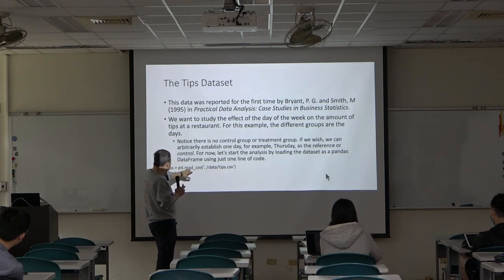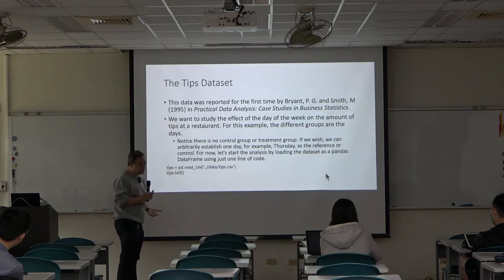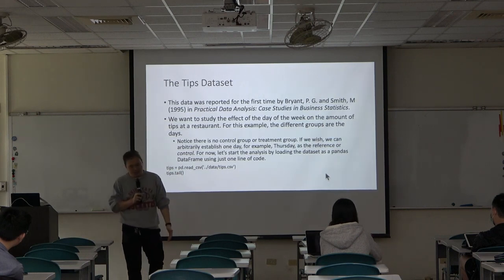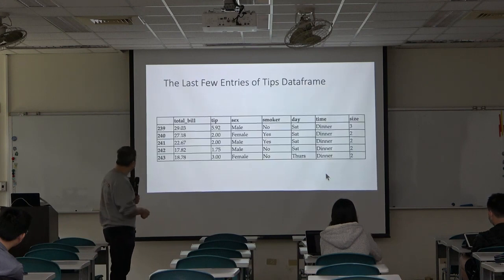You read this data and store it in tips. And then tips.tail just outputs the last few entries of this data set, and it looks something like this. The last 5 entries look like this.